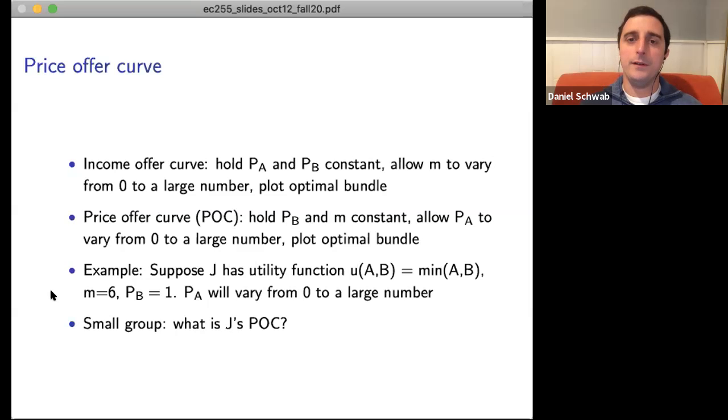But the more standard approach is, okay, well, what's J's price offer curve? Well, look, we have to do something for lots of different values of PA, the price of apples. So let's just try some simple stuff, right? Let's see what happens for some various different values of the price of apples. And maybe that will give us some more clear ideas about this person's buying behavior before we actually draw the price offer curve.